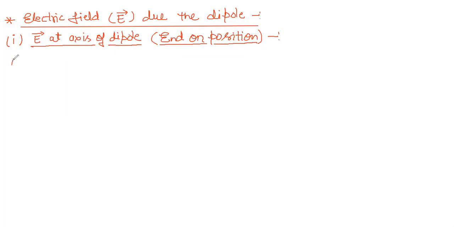And the second point, electric field at the equatorial line. Equatorial line means the line which is passing through the midpoint and it is perpendicular to the axis of the dipole. It is also called the broadside-on position.